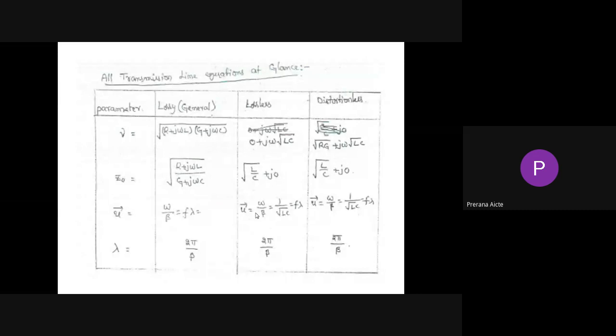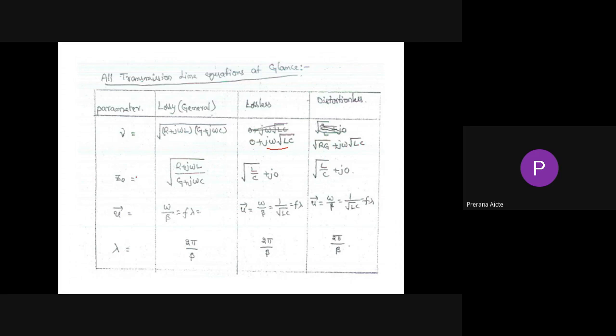So first, the propagation constant γ is equal to square root of (R + jωL) into (G + jωC). In the lossless case, R equals G equals 0, so it becomes jω into square root of LC. Whereas distortionless, R by L equals G by C, so it becomes square root of RG plus jω into root LC.